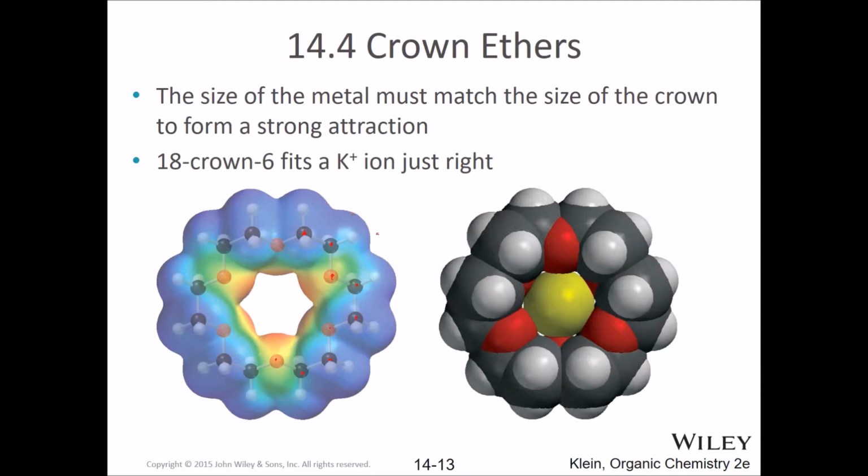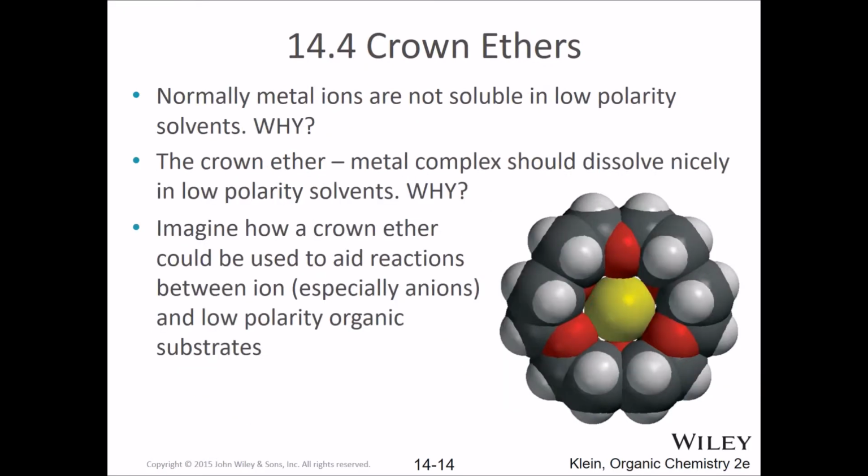The electrons really take up more space. So it turns out that 18-crown-6 fits a potassium ion, just right, nice and snug. And that makes 18-crown-6 a good solvent for potassium ions, right?